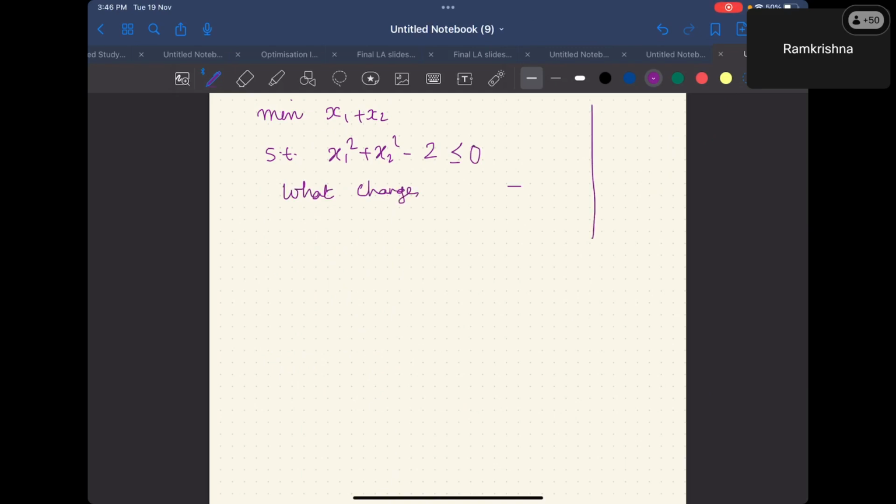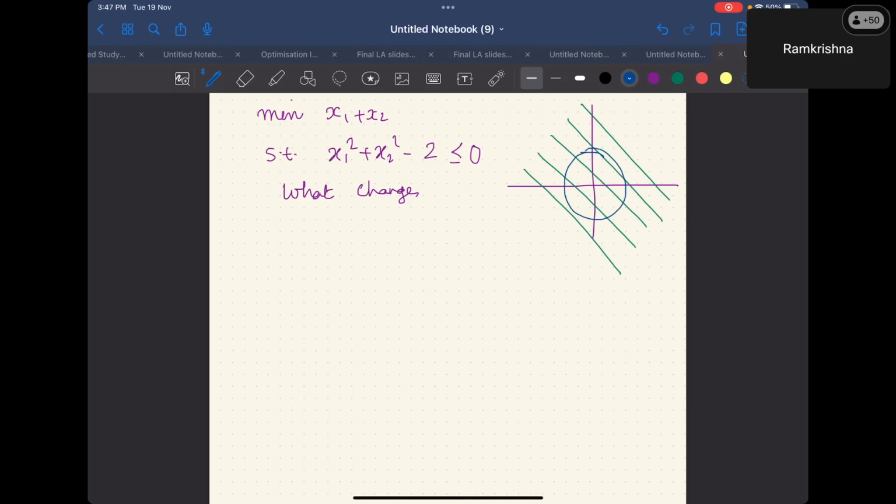In the first case, the contours of my function x1 plus x2 are something like this. And then my constraint set was simply x1 square plus x2 square minus 2 equal to 0, which is some set like this.